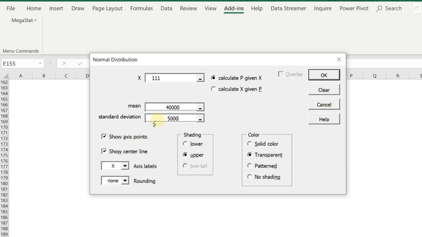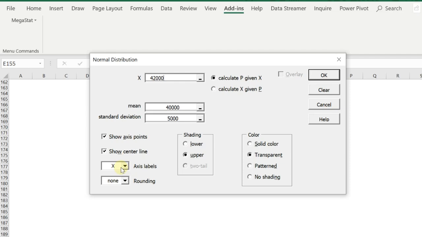Now the software knows exactly which normal distribution to plot and work with. The value we want is 42,000, and we want greater than, so that's upper. We're going to use X for our labels, not the Z score. We get the Z score anyway in the output.